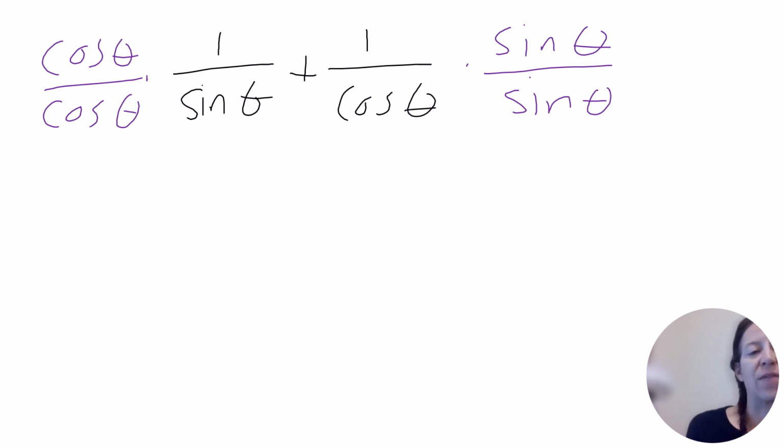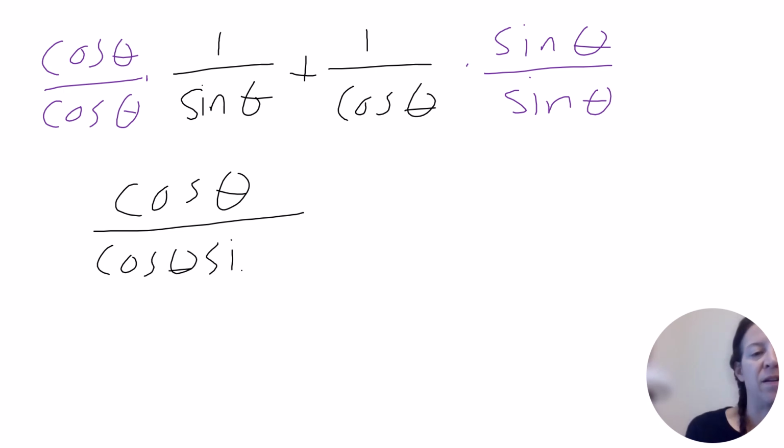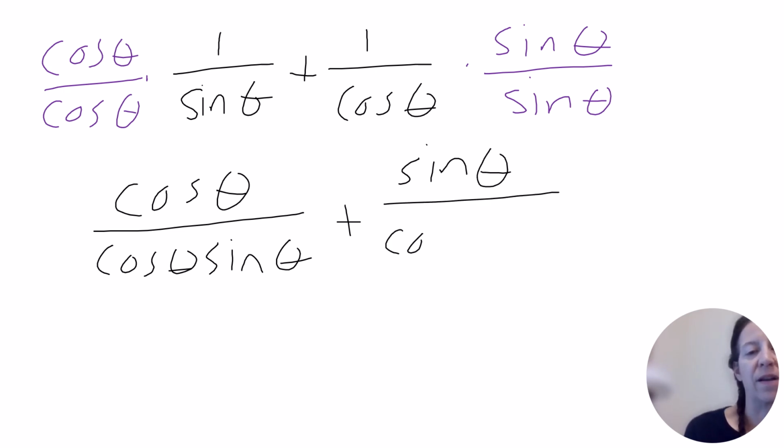Okay, and then cosine theta times 1 is cosine theta. 1 times sine theta is sine theta. So you could have cosine theta over cosine theta sine theta. So you're just multiplying the denominators together. And then sine theta over cosine theta sine theta. And then, of course, now you've got a common denominator.